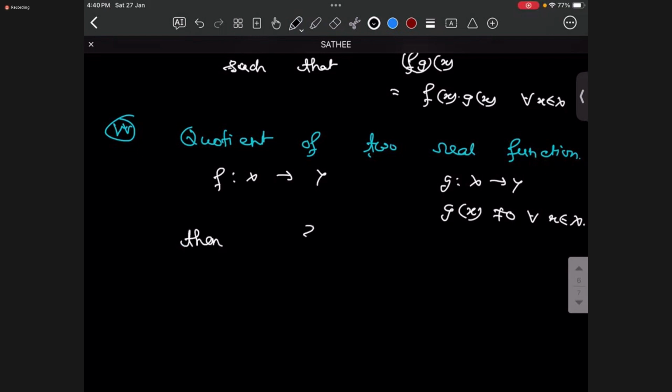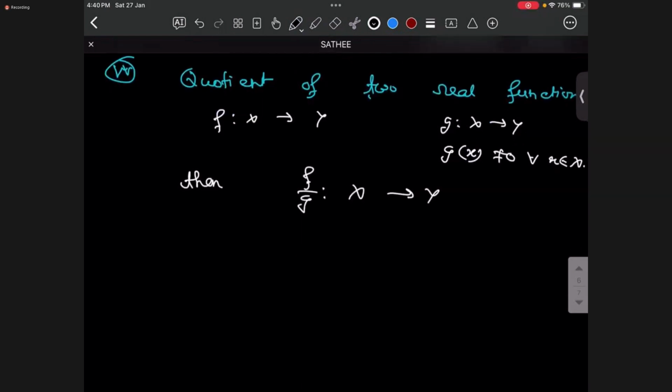we can define the function f by g, which is from X to Y, defined by f by g of x, this is equal to f of x by g of x for all x belongs to capital X. So clearly you can see why we need the condition g x not equal to 0 for all x.